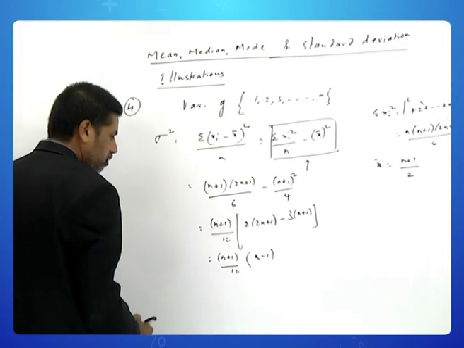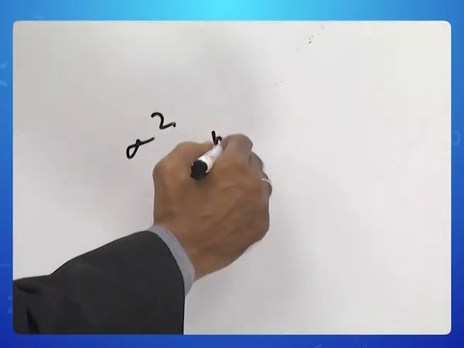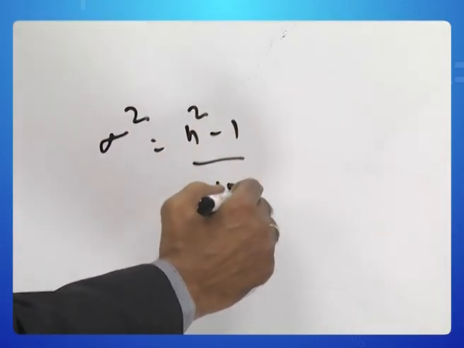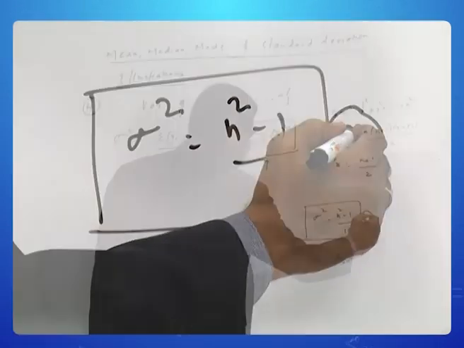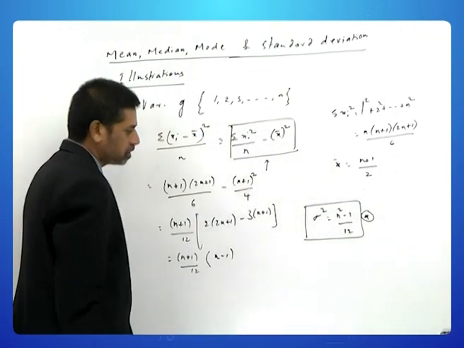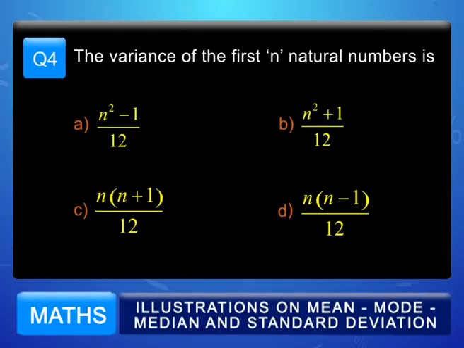N plus 1 into n minus 1 is n square minus 1. Therefore, the variance is n square minus 1 divided by 12. This can be remembered as a very important result, which is the variance of the first n natural numbers. And the correct option for this problem is A.